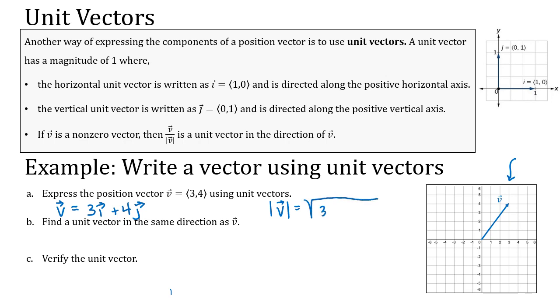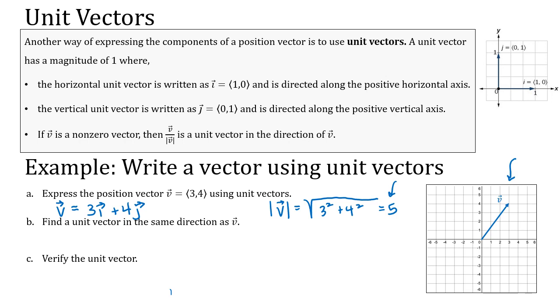We're going to use the Pythagorean theorem. We're going to take 3 squared plus 4 squared, and then we're going to square root that. So 3 squared plus 4 squared, that's 9 plus 16, which is 25, and the square root of 25 is 5. So vector v is definitely not a unit vector, because if it were, then this number would be 1, and it's not, it's 5.